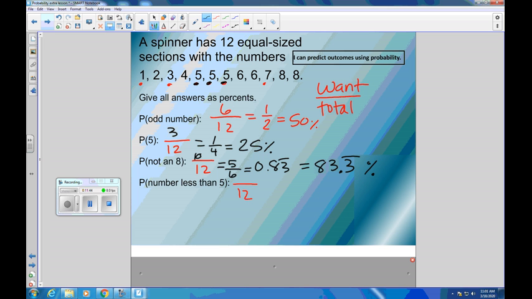And then a number less than 5, since it's just less than, it does not include 5. So there's only 4 numbers that are less than 5. 4 out of 12, which is 1/3, which is 33.3 repeating percent.